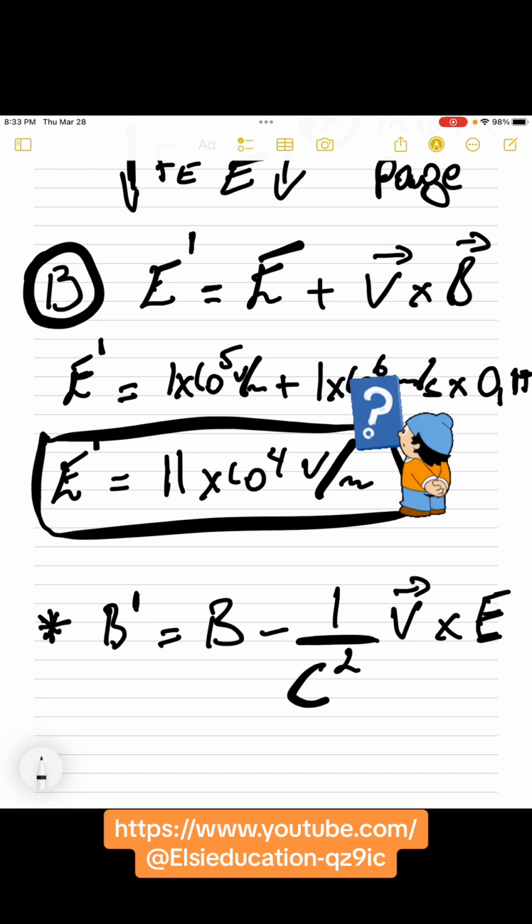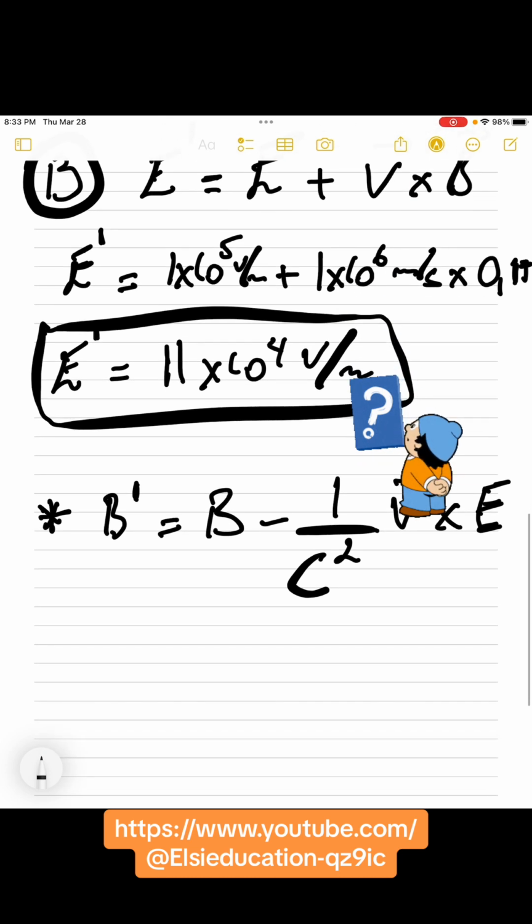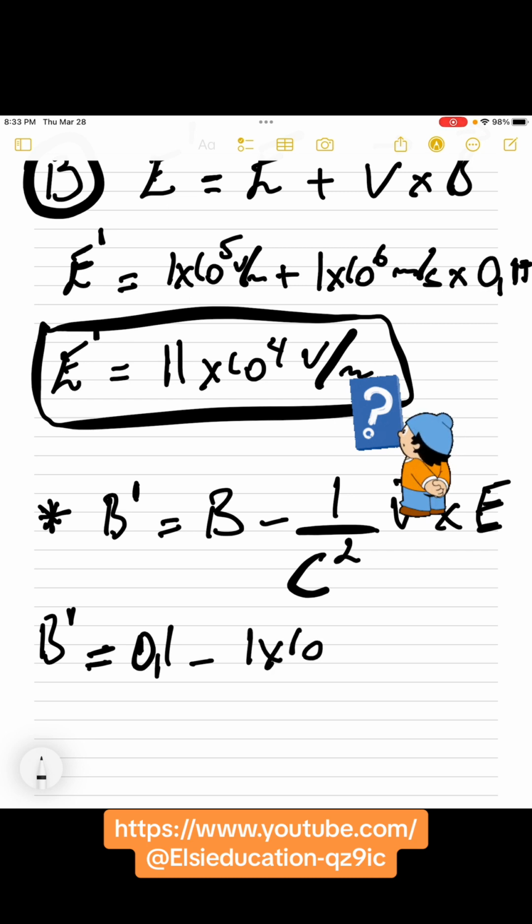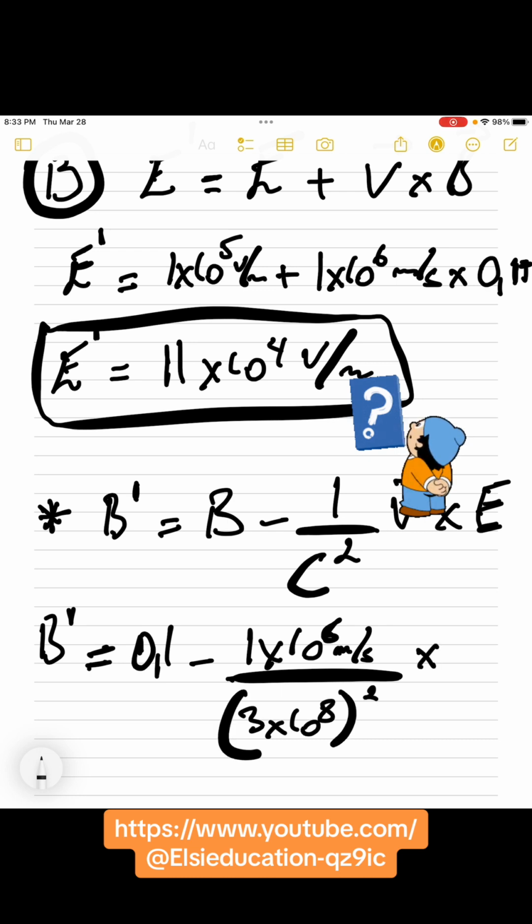So the magnetic field in the reference frame will be equal to 0.1 minus 1 times 10 power 6 meters per second divided by 3 times 10 power 8, the speed of light squared, multiplied by the electric field, which is 1 times 10 power 5.